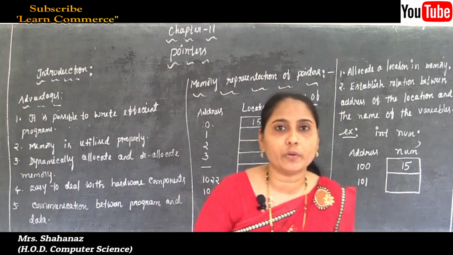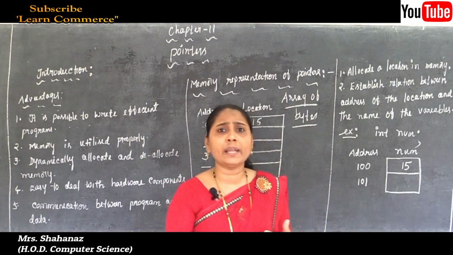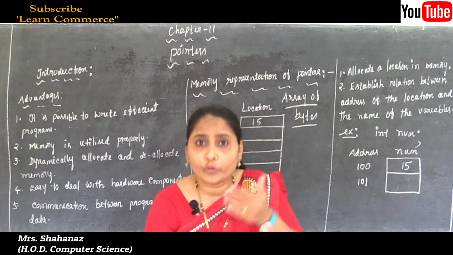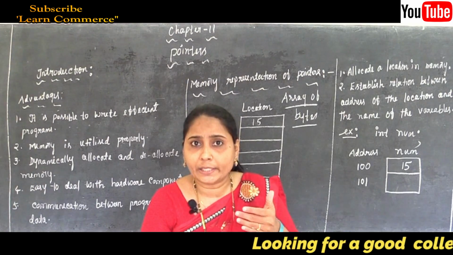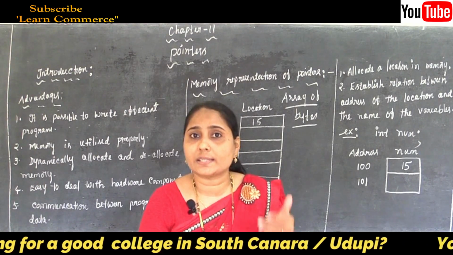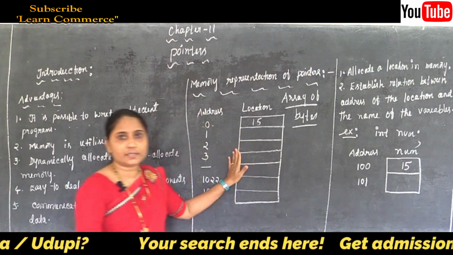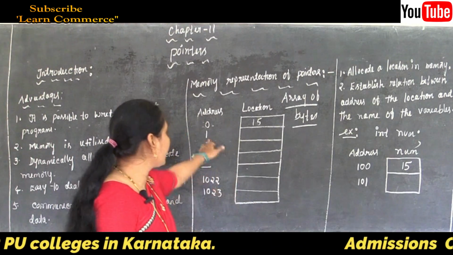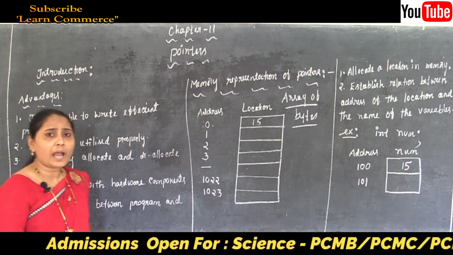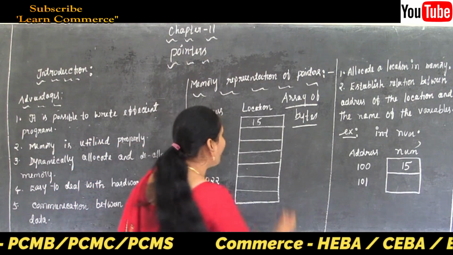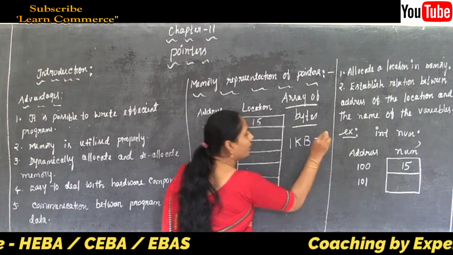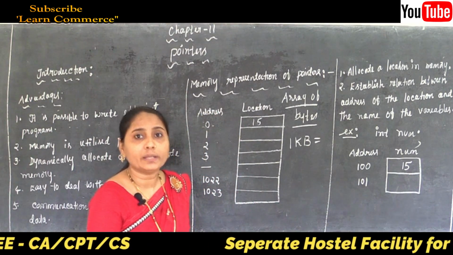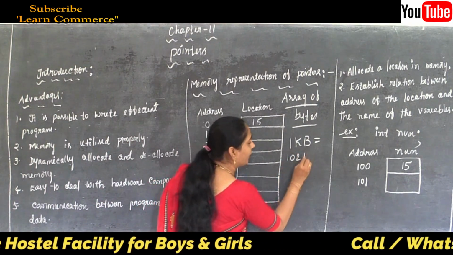So in pointers, the memory is organized as an array of bytes here. The byte is a basic storage and accessible unit, and the byte is identified by a unique number, and such unique number is called an address. Clear this point here? So this is the meaning of the array of bytes. And in this example, suppose we have 1 KB of memory. So 1 KB is equal to how many bytes? 1 KB is equal to 1024 bytes.